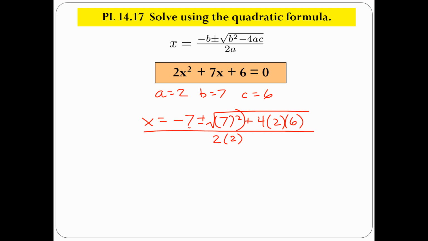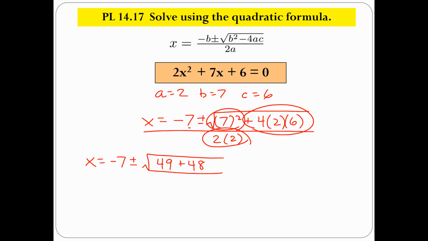Okay, remember we want to now evaluate 3 parts, these 3 parts. So we have x is equal to negative 7 plus or minus the square root. 7 squared is 49. And 4 times 2 times 6, 24 is, let's see here, 48. That's 48. And then 2 times 2 is 4.